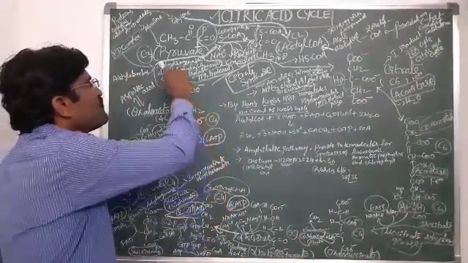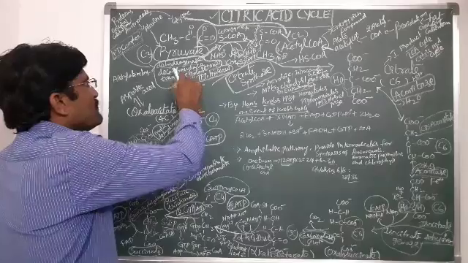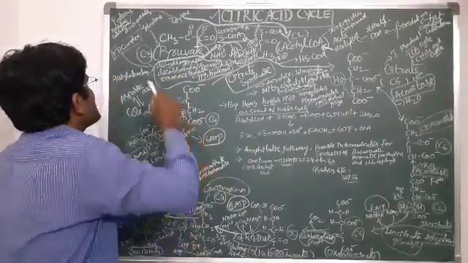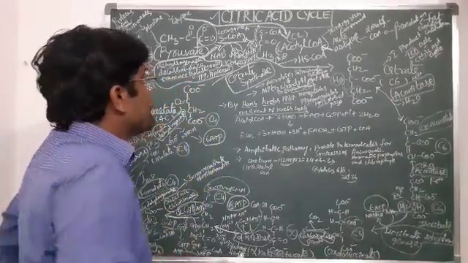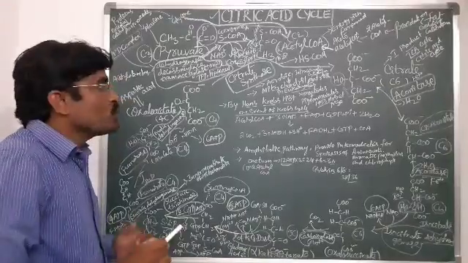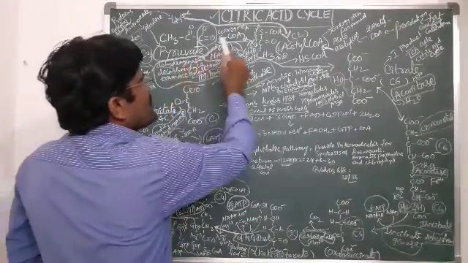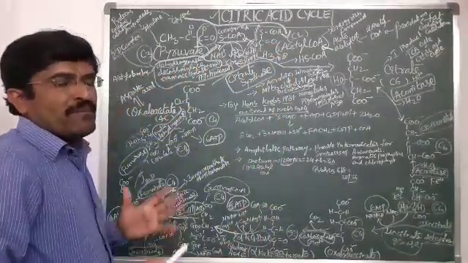These are all helpful. These total factors we call the pyruvate dehydrogenase complex. This complex helps to convert pyruvate into acetyl CoA.